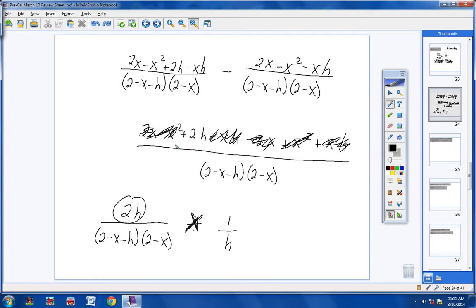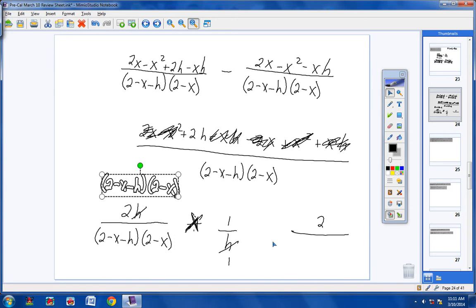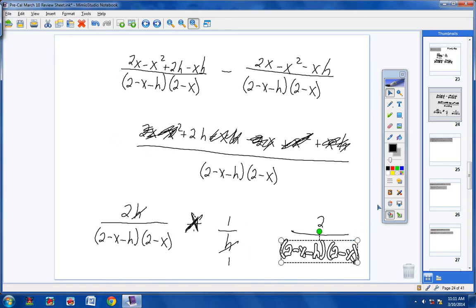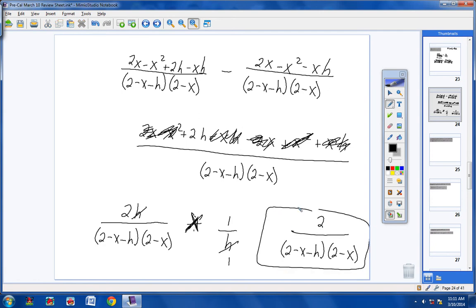So I have an h that will cancel with an h, and so 2 times 1 is 2. And then this whole denominator times 1 is just going to be this whole denominator right here. And if you wanted to simplify the denominator and multiply it out, you could. But that is the answer, okay?